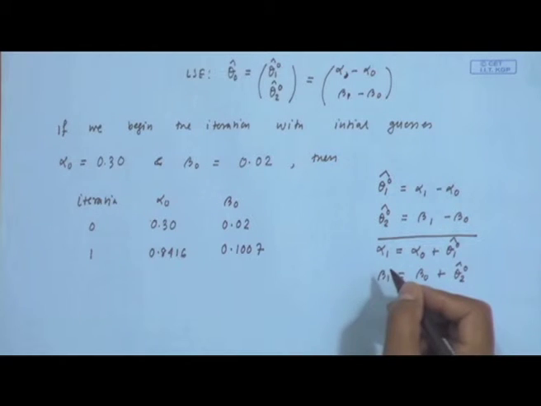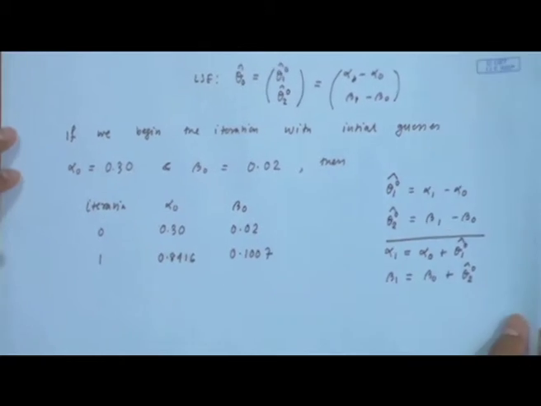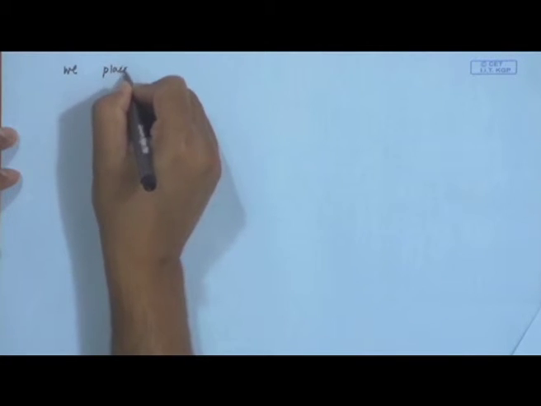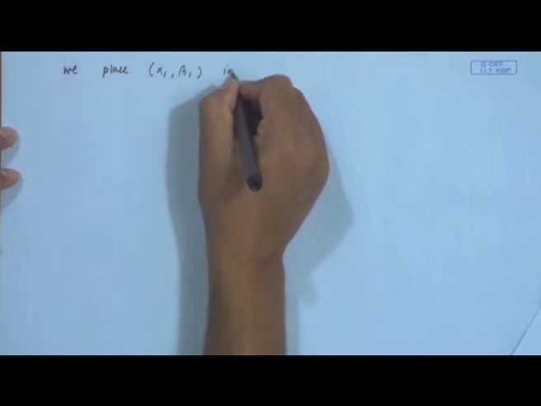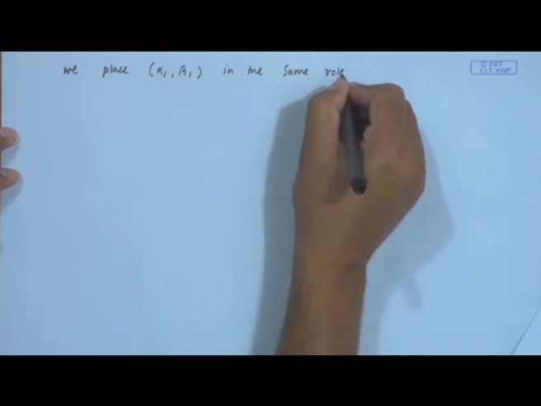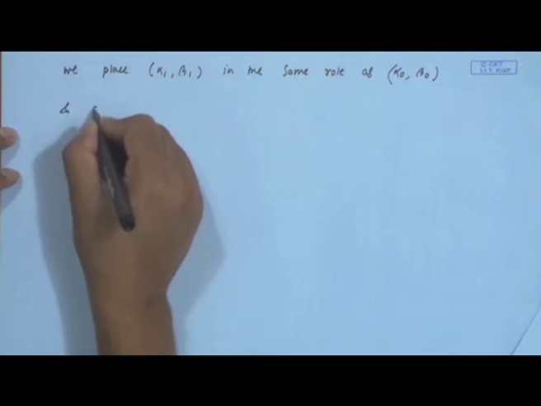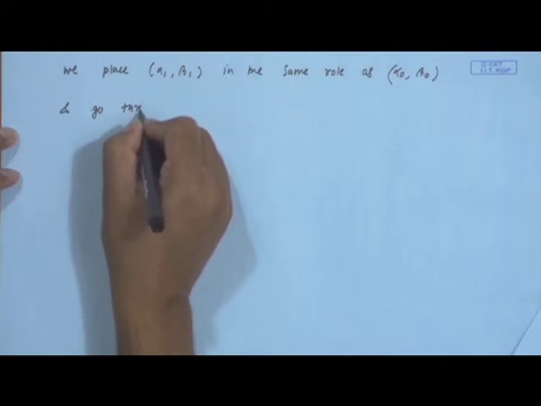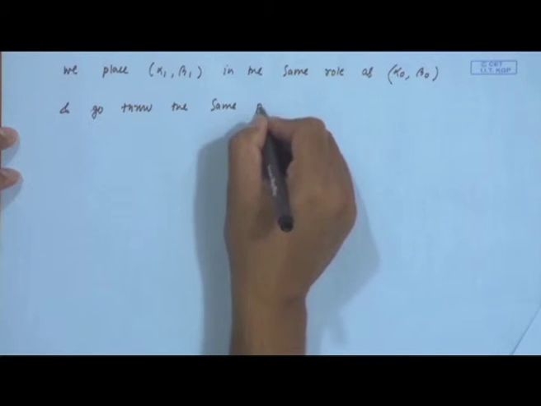What we do is that again we place this alpha 1 and beta 1 in the same role as alpha naught, beta naught, and we go through the same process.